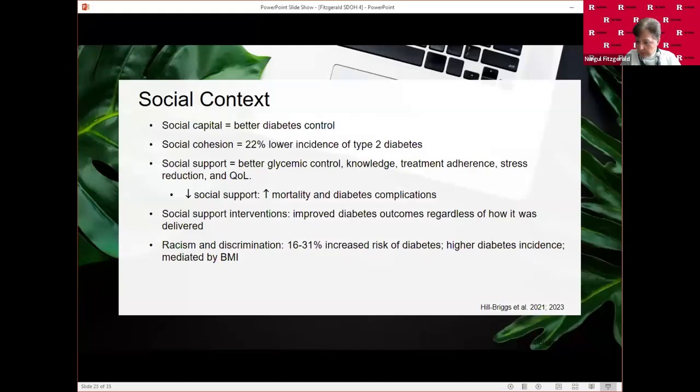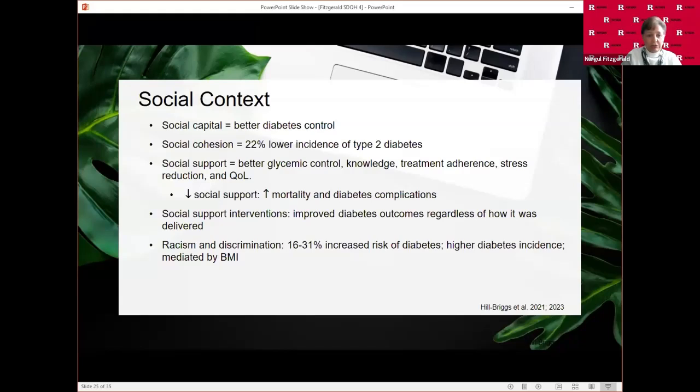Now, we are closing, so I want to go over the social context of the social determinants of health. When there is increasing social capital, social cohesion, and social support, all of these things are related to either better diabetes control, better outcomes, lower diabetes incidence, or quality of life treatment of the disease.